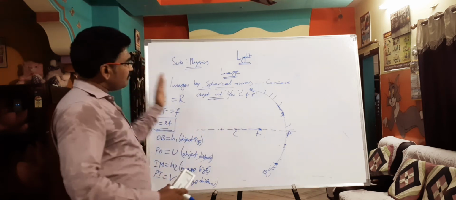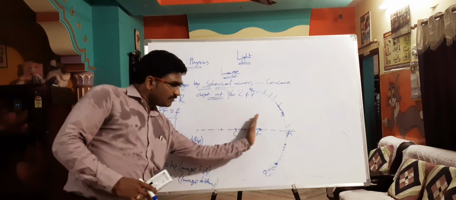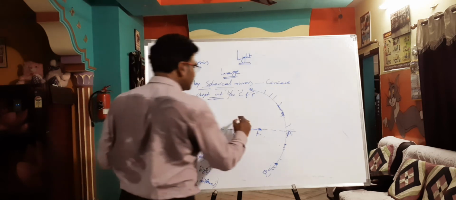Object is at infinity, beyond C, at C. Now still we are moving, C to F. Now the object is here.